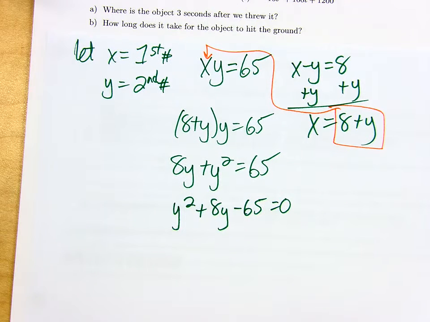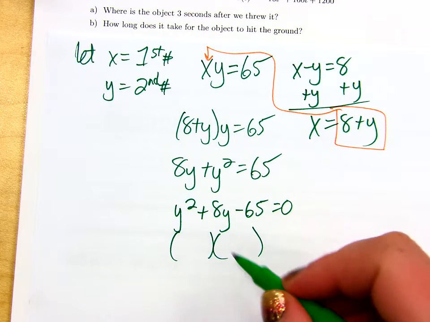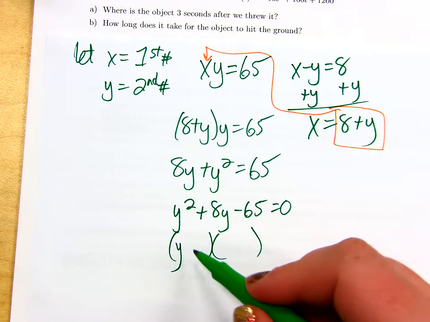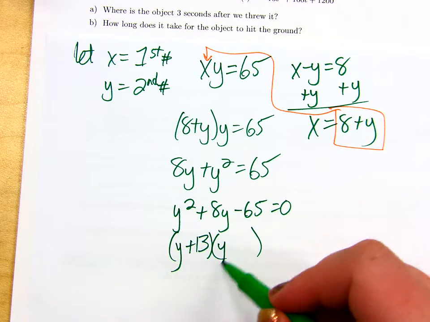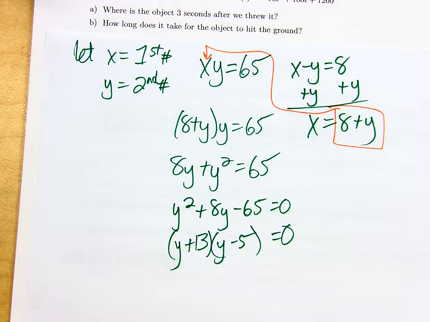Let's see, factors of 65 that add to be 8. Well, 5 certainly goes into 65. What do you know? 13 times. All right. So, wouldn't that be a y plus 13 and a y minus 5? You with me so far? Everybody's all right?